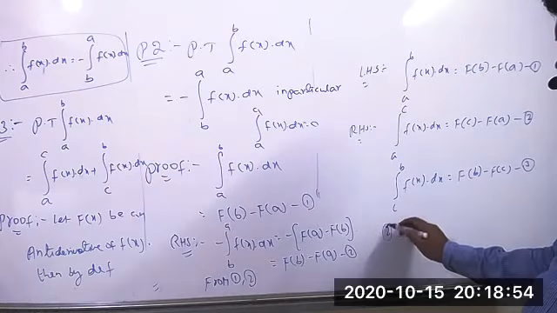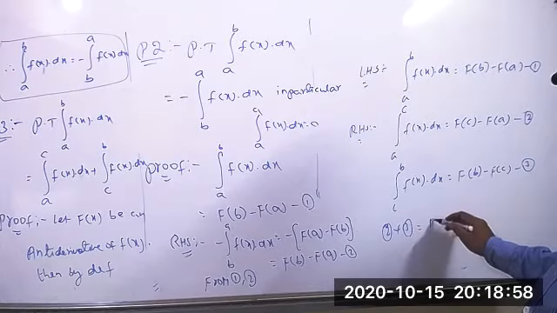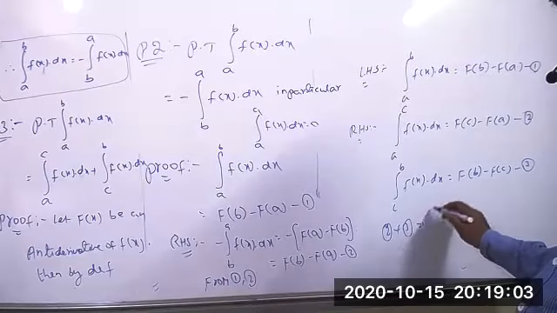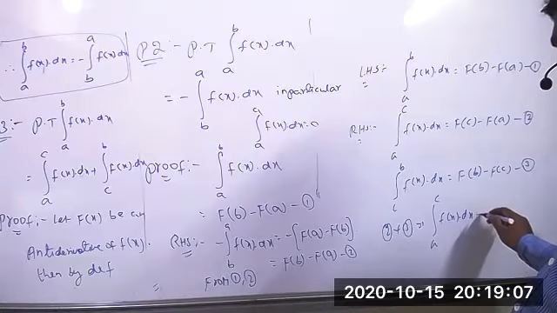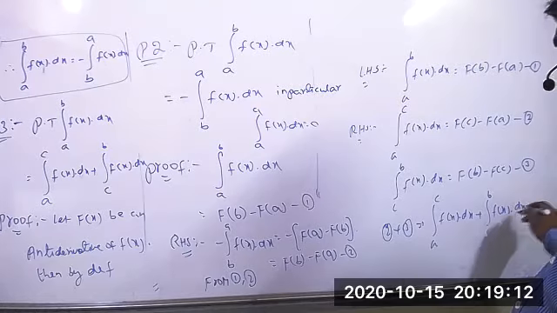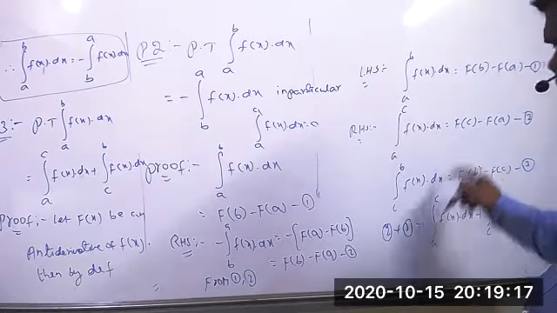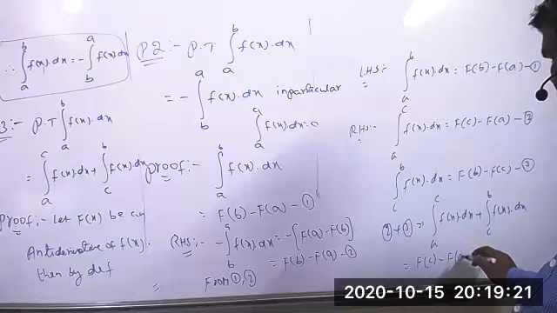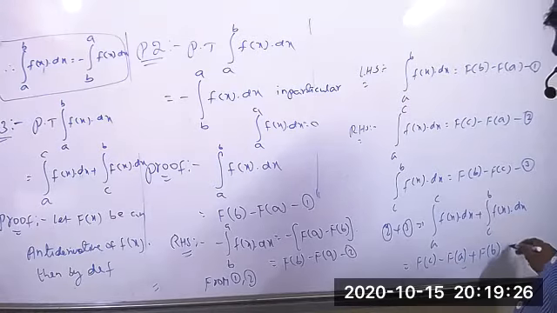Now add 2 plus 3. Clearly we can add both of them. So 2 plus 3 means the integration of a to c of f of x dx plus the integration of c to b of f of x dx is equal to F of c minus F of a plus F of b minus F of c.